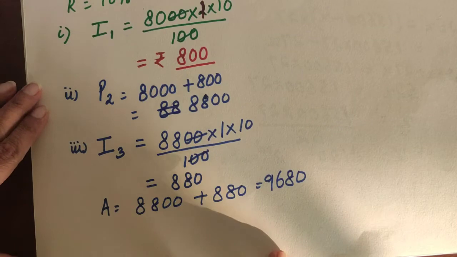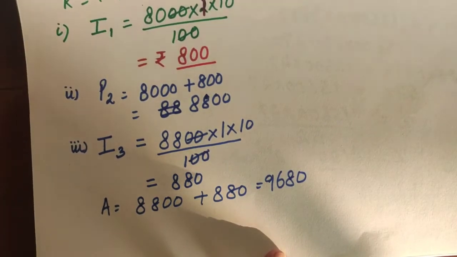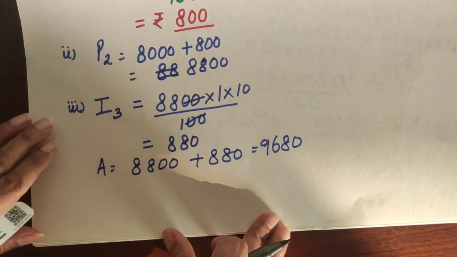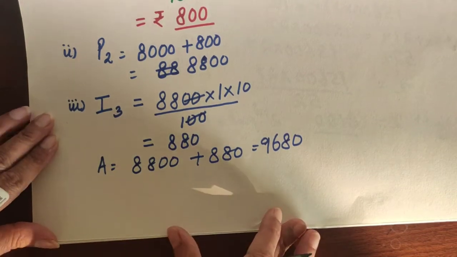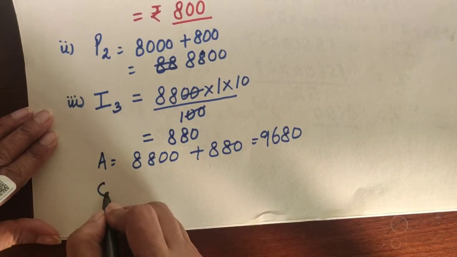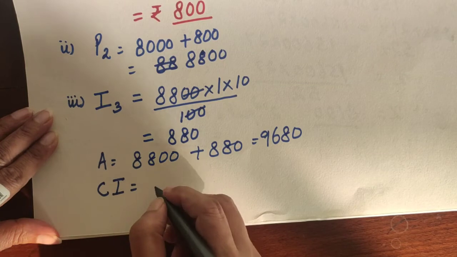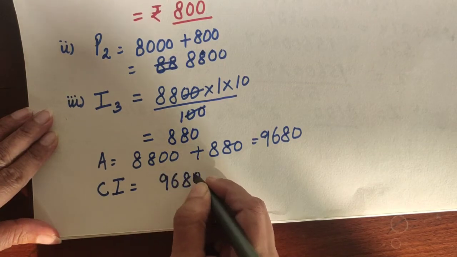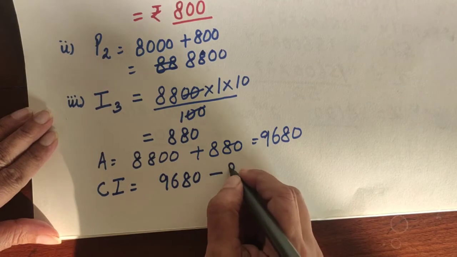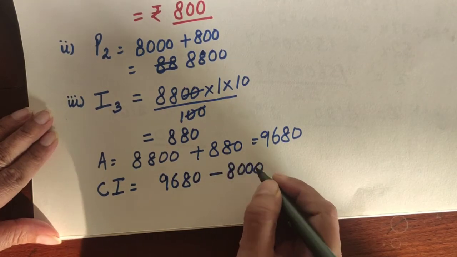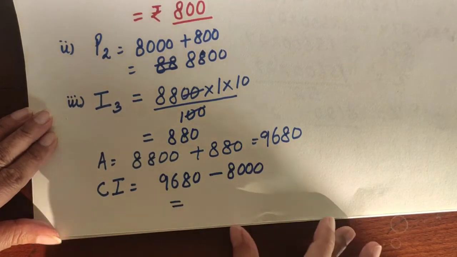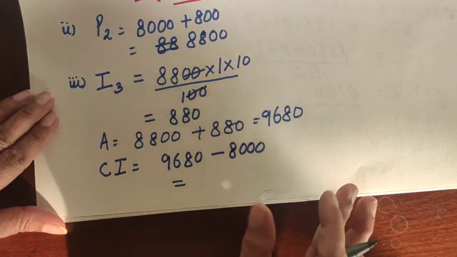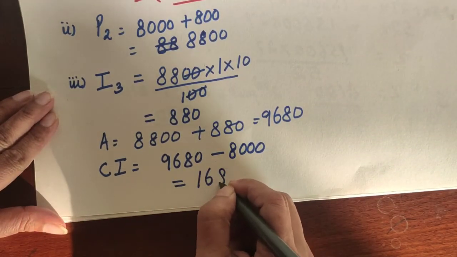And you have to find the compound interest. So the compound interest is final amount minus the principal. So the compound interest is equal to 9,680, which is the amount, minus the principal, which is 8,000, and your answer is 1,680.